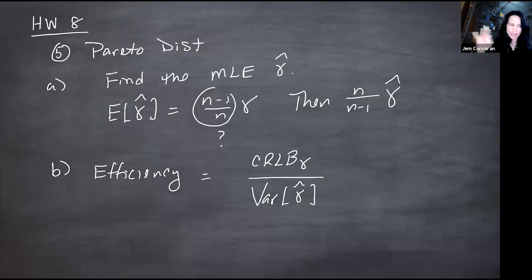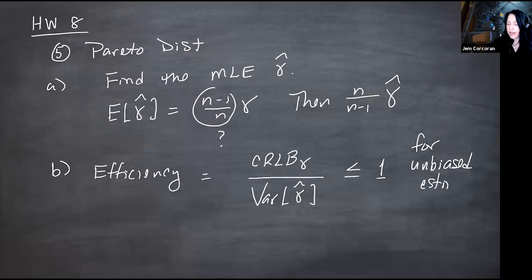I do want to take time to talk about this on its own, but the Cramér-Rao lower bound, as long as you have an unbiased estimator, is supposed to be smaller than the variance. So this number is less than or equal to 1 for unbiased estimators, and we say that an estimator is efficient if that thing is equal to 1. And in part 5C, you're looking for efficiency in the limit.